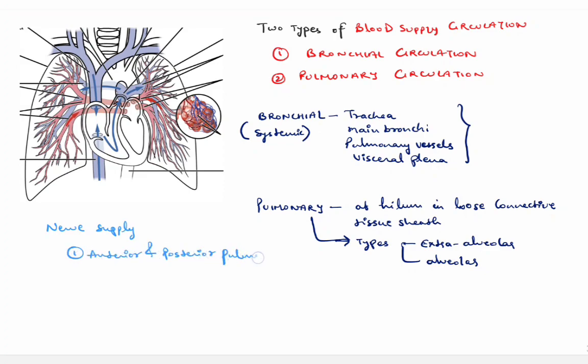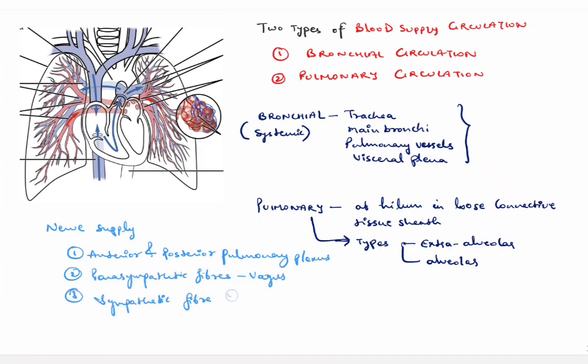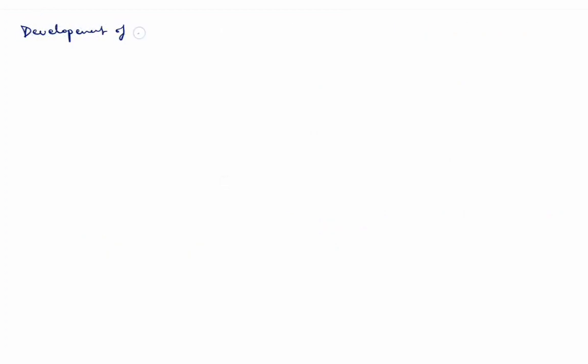If we talk about the nerve supply, then anterior and posterior pulmonary plexus, parasympathetic fibers of vagus nerve and sympathetic fibers of the fifth thoracic ganglion.